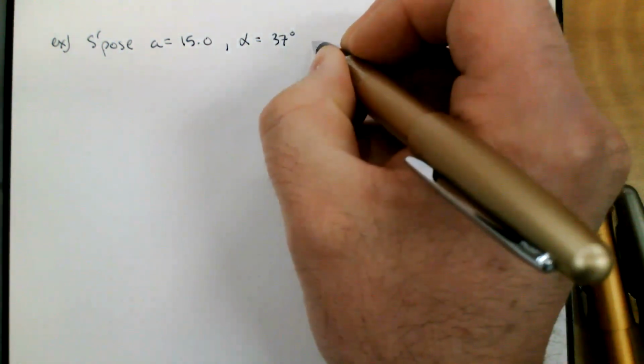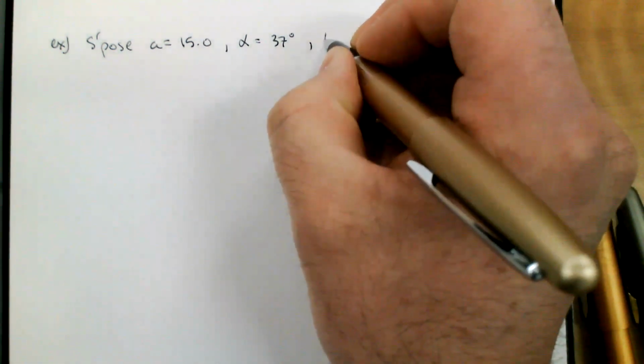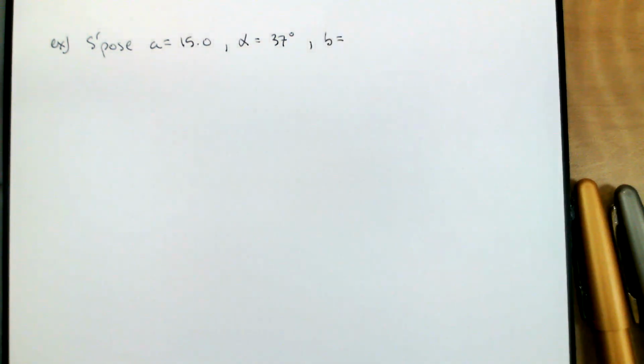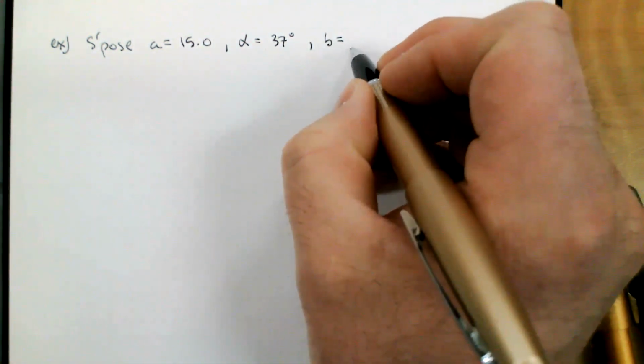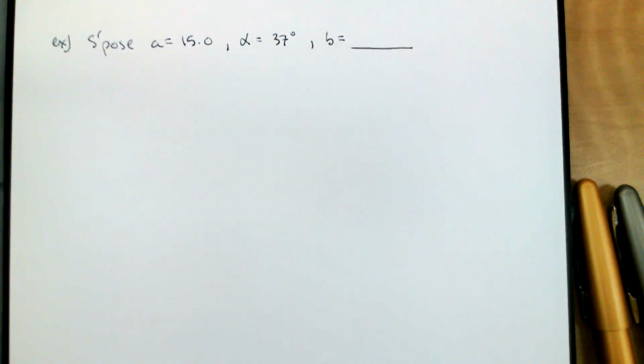Let's say B is equal to, we'll fill this out in a minute. What I want to start with is naming the parts. We're going to have 2 sides and the angle not included. This 37 degrees, we're going to call this the given angle because it's the given angle.